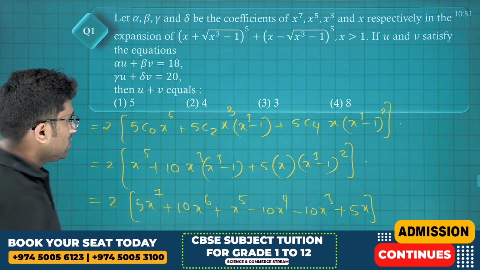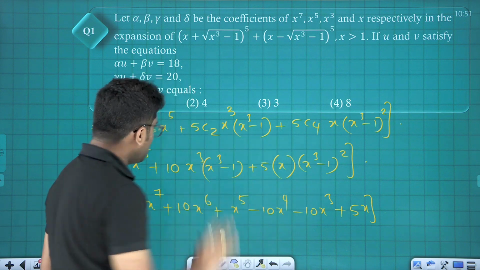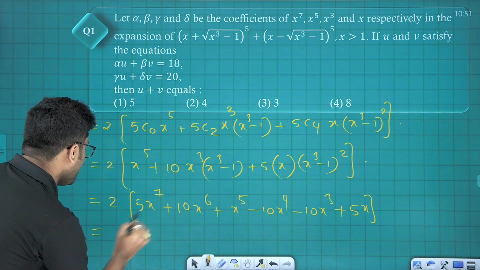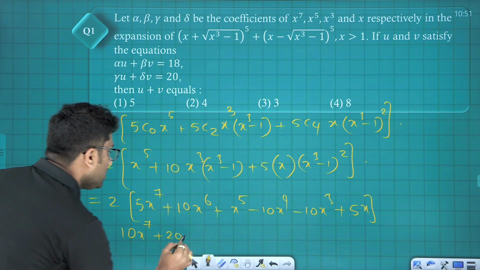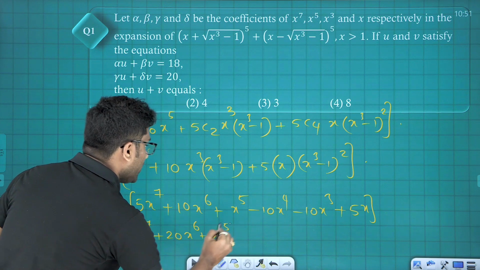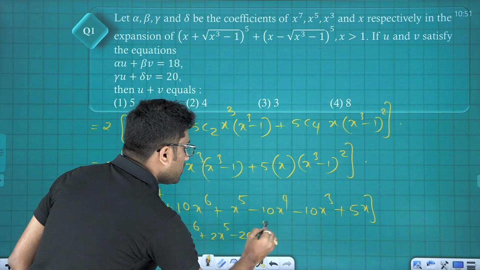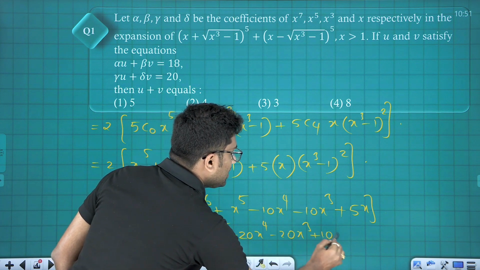That's it, correct? We get 5x when we multiply 5x with plus 1. So that becomes 2 5s are 10 into x power 7, plus 2 10s are 20 into x power 6, 2 into x power 5 minus 20 x power 4 minus 20 x cube plus 2 5s are 10x.